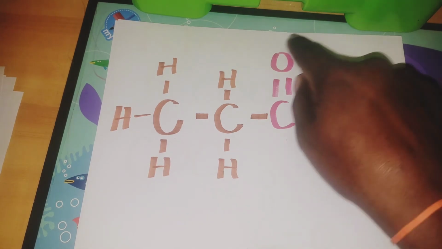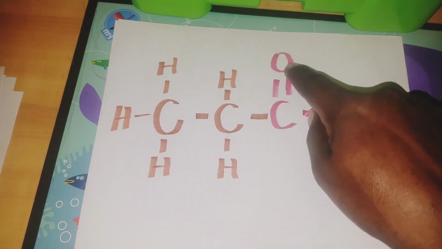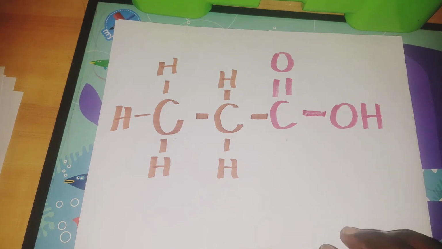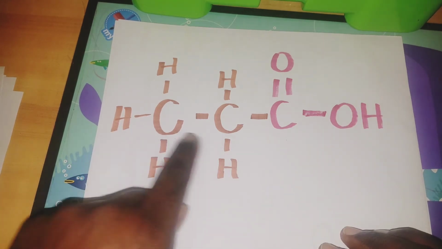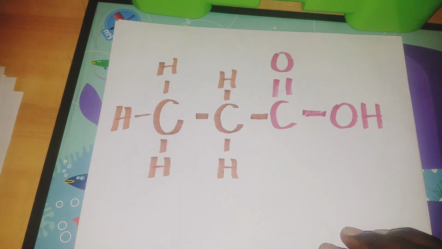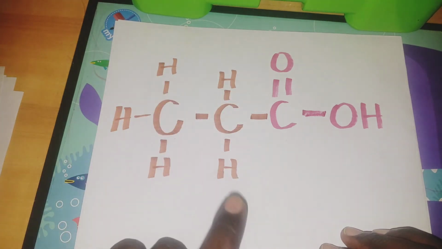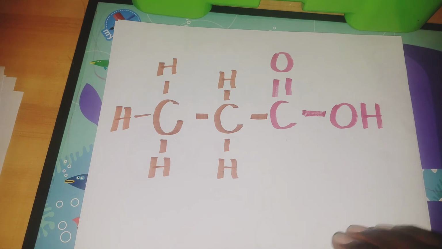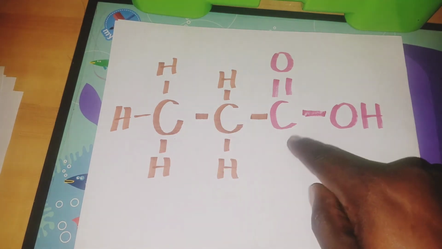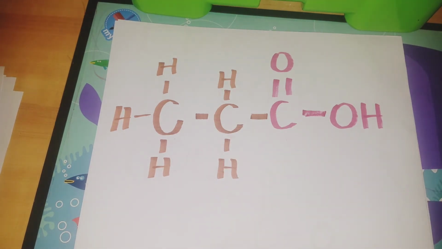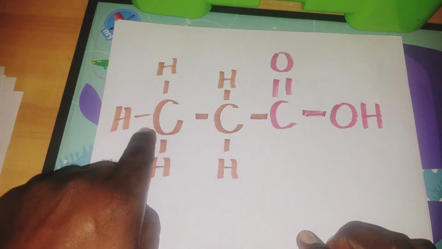There you have the functional group, right? COOH. Now you can work out this part of the acid based on the general formula. Remember, this part would be Cn-1. Now this is a 3-carbon acid, so therefore it would be n-1, so it's 2. There you have it, C2.